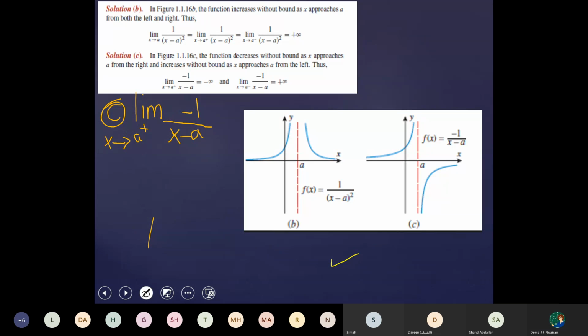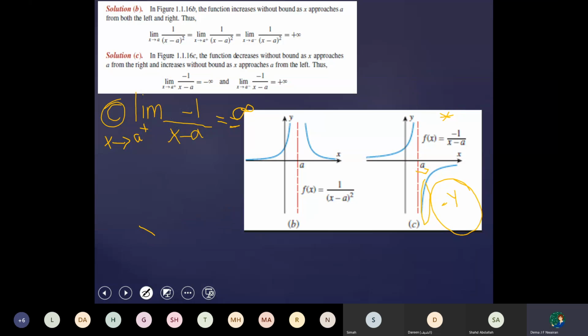Here I want to talk about the second graph. When x approaches a from the right, the values are going to the negative y-axis, as you see here. Because of that, I will say that the answer is negative infinity. Why negative infinity? Because it's going to the negative y-axis.